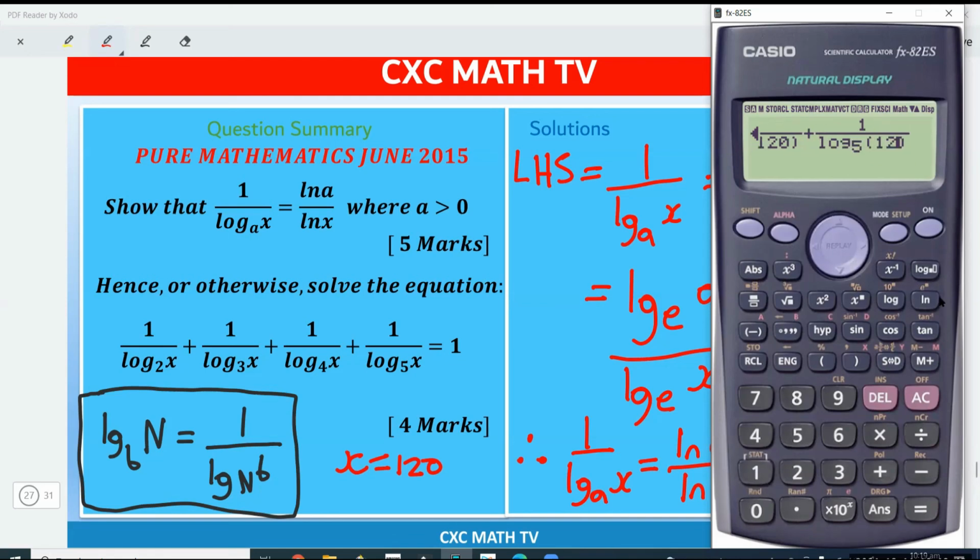And remember, the answer should give us 1. Let's check and see if we get the 1. Absolutely. How could we not? So x is definitely 120. All right, really nice. And so that's another practice question on logarithms in CAPE mathematics.